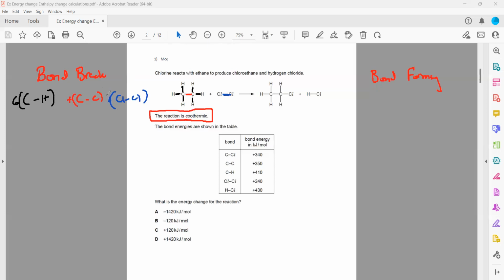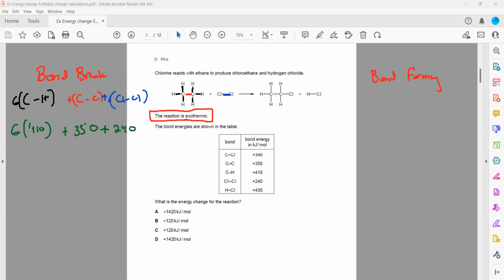Then we'll just simply substitute the values. As the bond energies are given, 6 times the C-H bond, which is 410, plus the carbon-carbon bond, which is 350, and the chlorine-chlorine bond is 240.